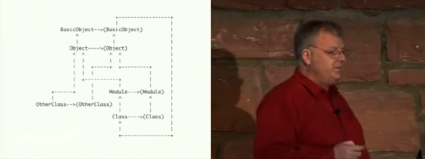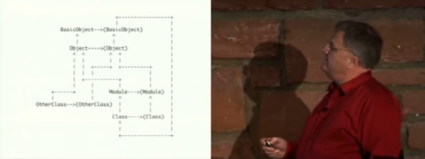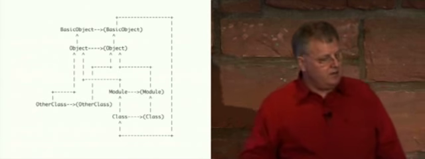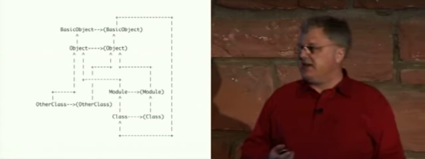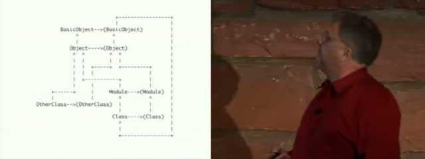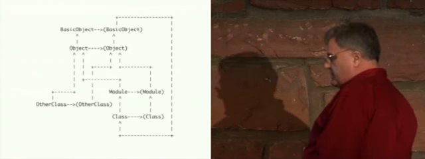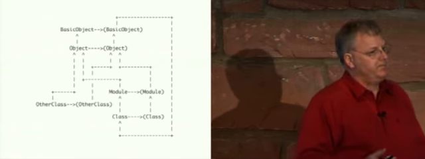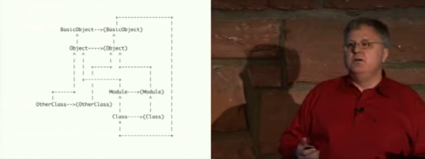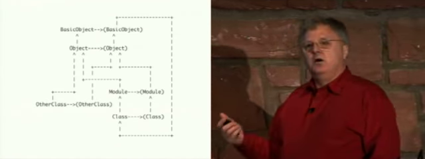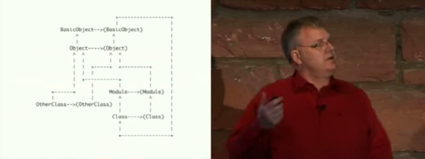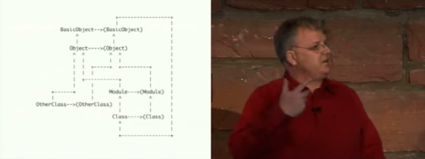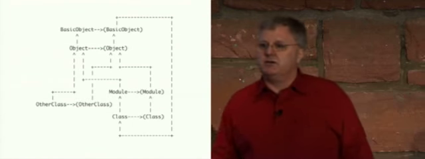But then if you want to get deeper into it, you come across diagrams like this. This is actually a diagram in a source file, object.c, in the Ruby source code. And it describes the classes and metaclasses that make up Ruby. And it attempts to make clear how it is that everything is an object, object is a class, and class itself is an object.